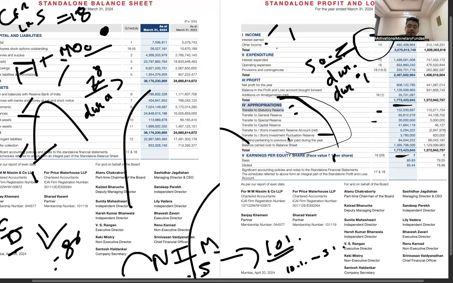Correct? So what basically happens, it tends to maintain an investment fluctuation reserve. So for example, if the value of my investment falls from 100 to 80 rupees, 20 rupees the company shall have in the buffer. So on the basis of that expectation and the probability of fall, the company shall always maintain that buffer with itself. So 20 rupees ka buffer, hypothetically, it might depend from situation to situation, and you have different risk models.